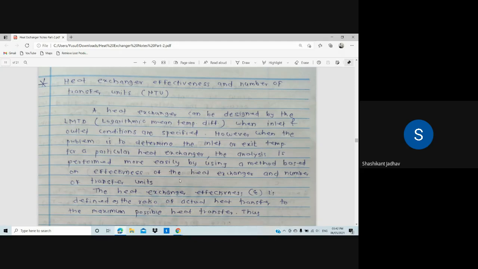Logarithmic mean temperature difference. LMTD when inlet and outlet conditions are specified. Full stop.